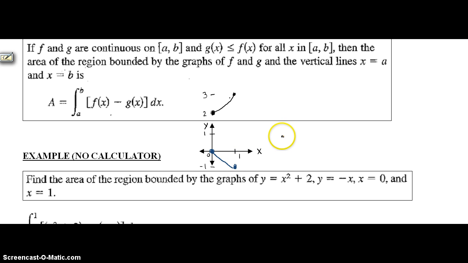So all I need to do is find the integral from 0 to 1 of the upper function x squared plus 2 minus the lower function -x.